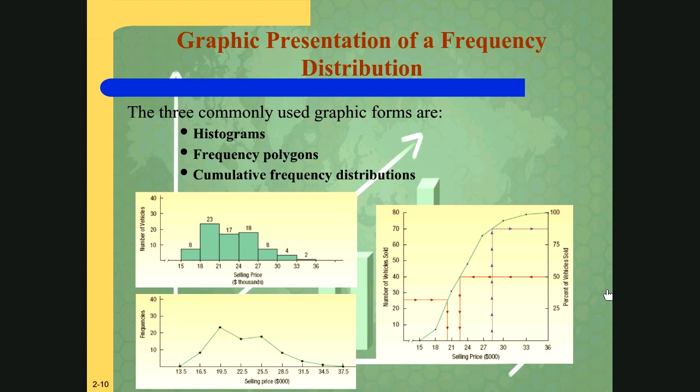Pui Ling, can you tell everybody, or write down, why you think it's easier to understand the frequency polygon rather than the histogram?